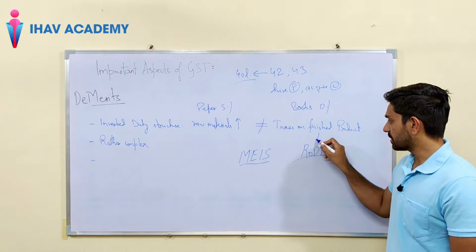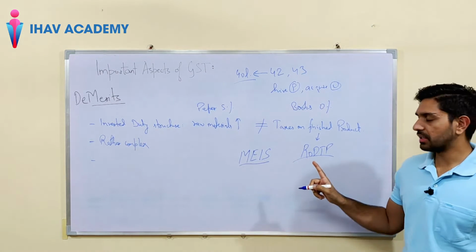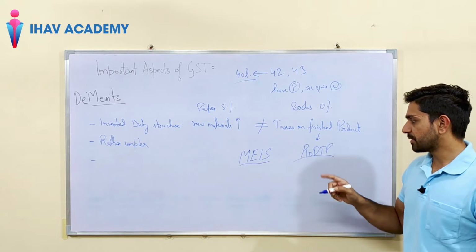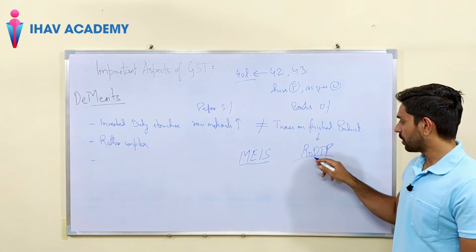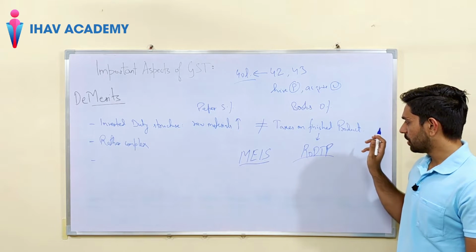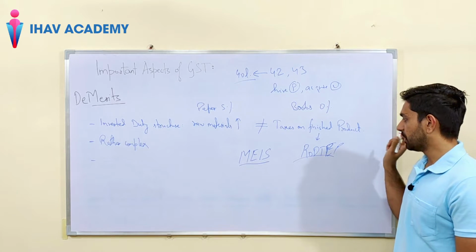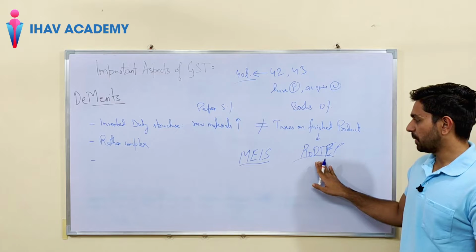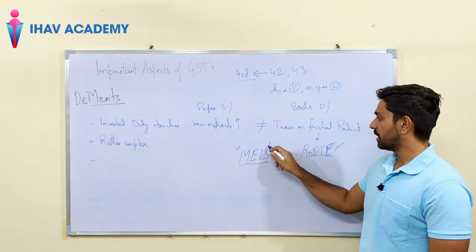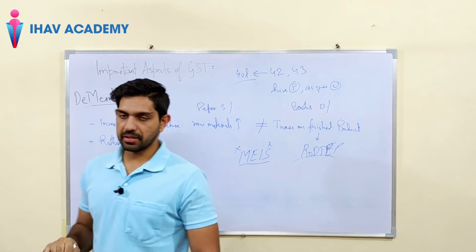Now this has been implemented on Indian soil. ये P का मैं full form भूल गया. Remission on Duties and Taxes on Exported Products, RODTEP. ठीक है. So now this scheme has been implemented and the Merchandise Export from India Scheme has become defunct.